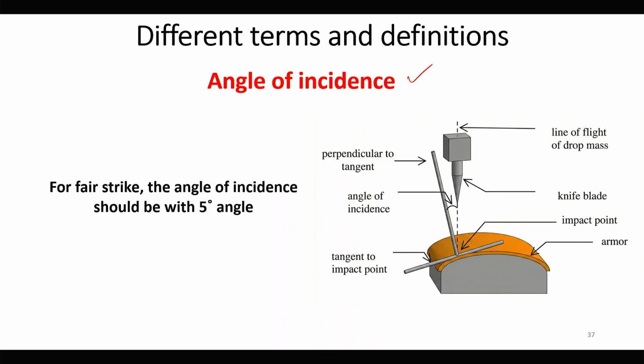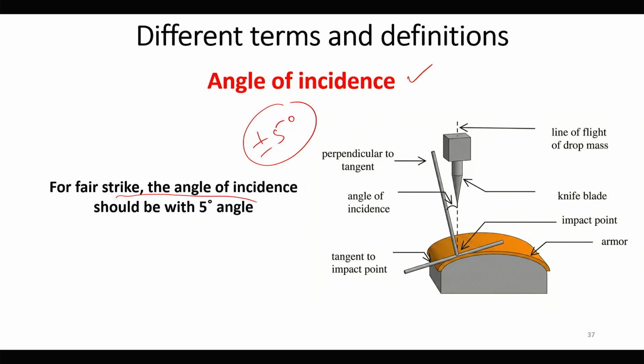For a fair strike, the angle should be exactly vertical, but the tolerance is plus minus 5 degree. If it is within plus minus 5 degree, then we will call it a fair strike.